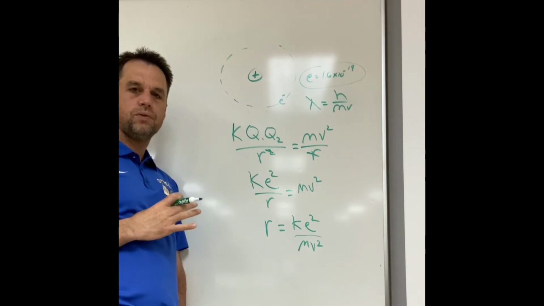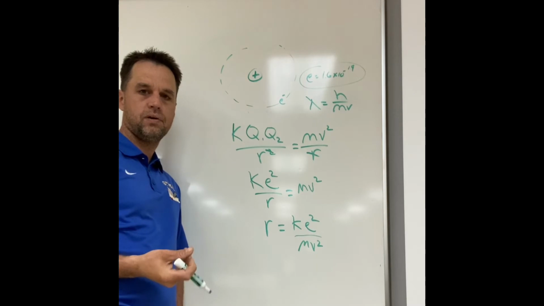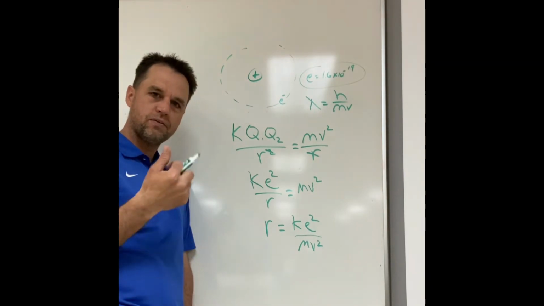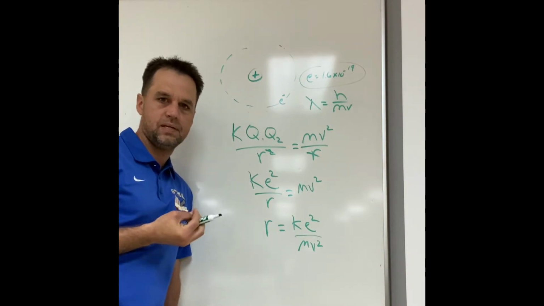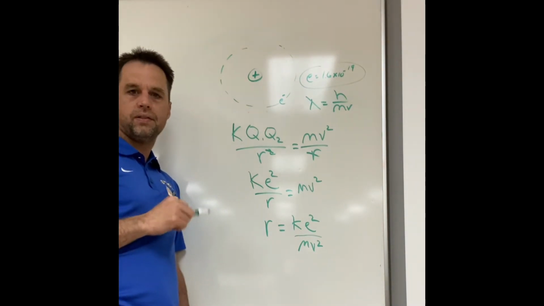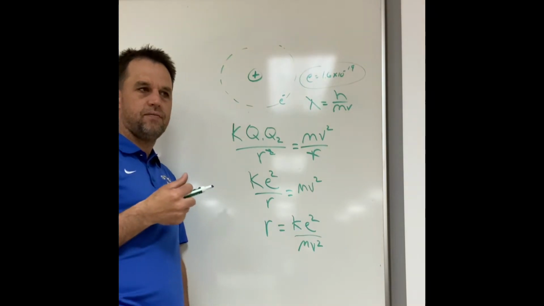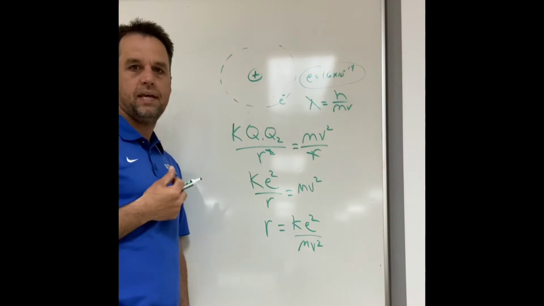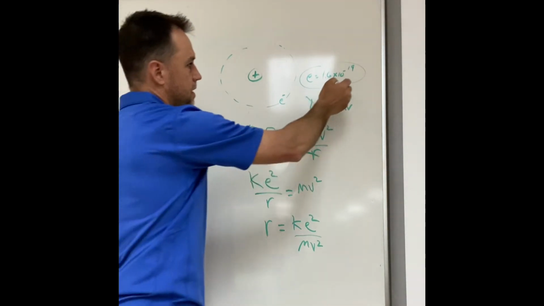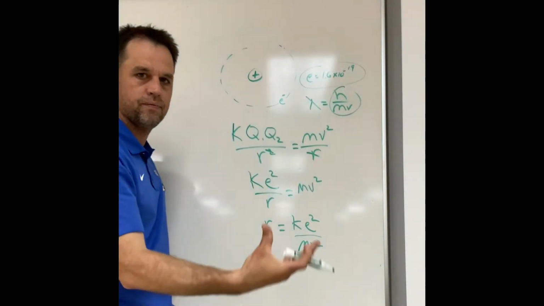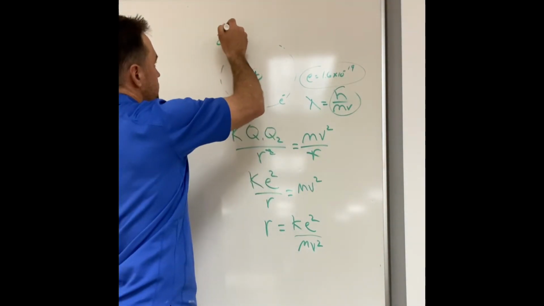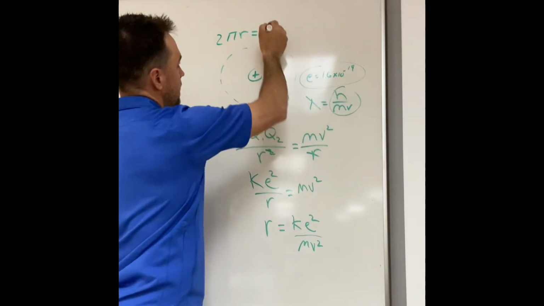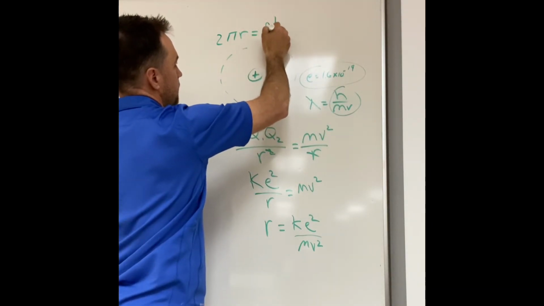In other words, if only half a lambda fits on a circumference, or 1.5 lambdas fit, it will destructively interfere with itself and it won't be a stationary state. So in order to be one of the allowed orbits, if the atom is really quantized, then it needs to be n lambdas, n of these, around the circumference of that orbit. So 2 pi r, that's a complete circle, must be n h over mv.